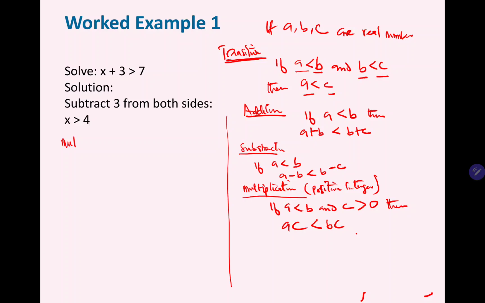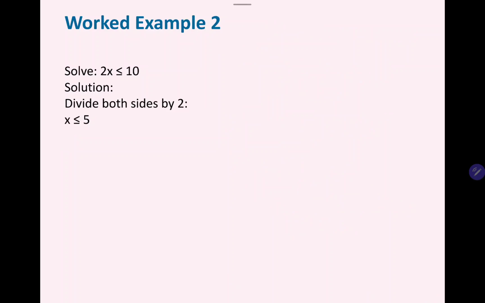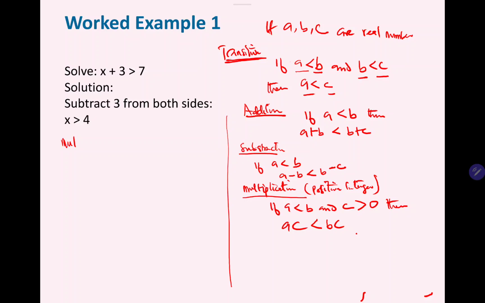You can put these things to test and see if it's correct. If we take three numbers, for instance, if A is equal to 2, B is equal to 4 and C is equal to 5, what it means is that if A is less than B and C is greater than 0, then A multiplied by C is less than B multiplied by C. So 2 times 5 must be less than 4 times 5.